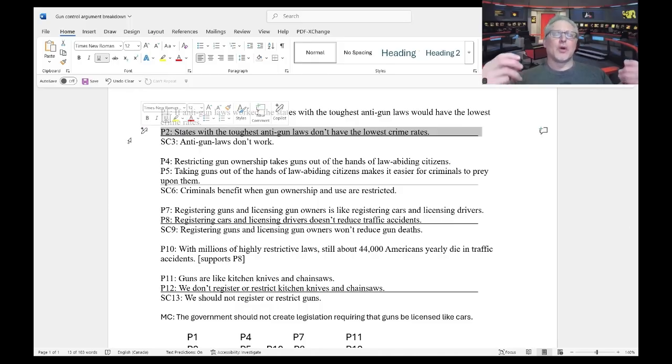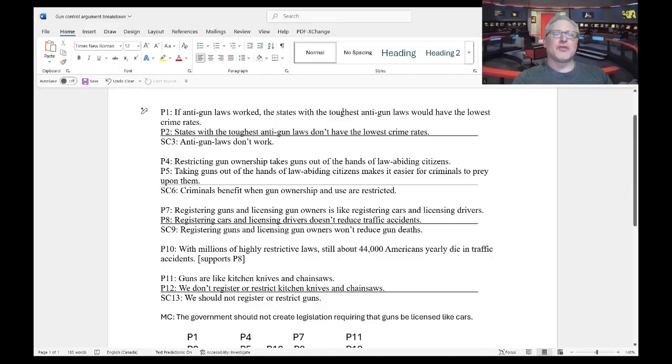And furthermore, what period of time is he talking about? And furthermore, what kind of crime rates? As you can see, there's a number of problems here, so we can't just really take him at his word. So actually, both of these premises are unacceptable. And we ought to keep track of that somehow.